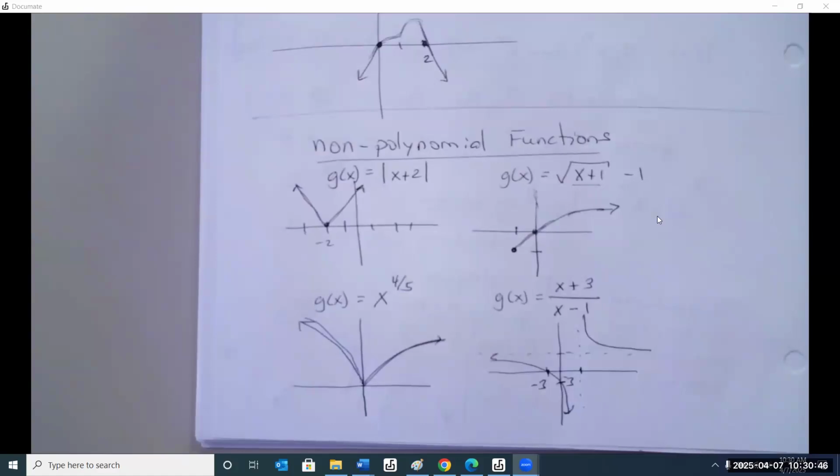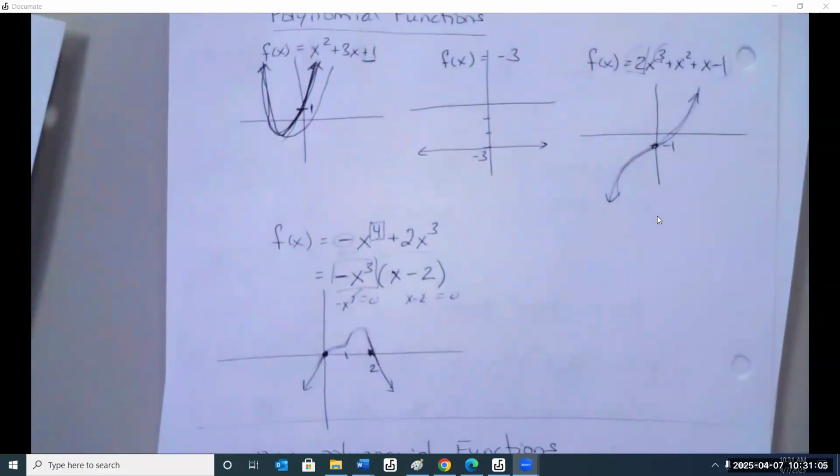So what do we notice about the difference between polynomial and non-polynomial functions? What do they look like? What makes one a polynomial and the other one a non-polynomial? Polynomial functions are all continuous. There are no holes anywhere.